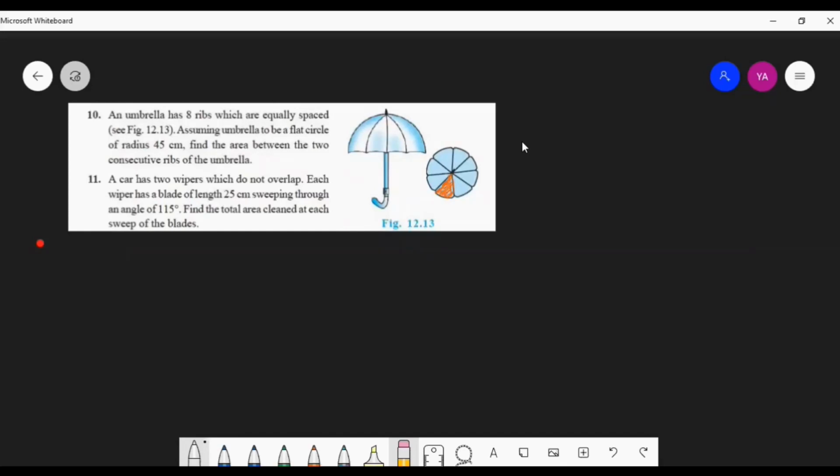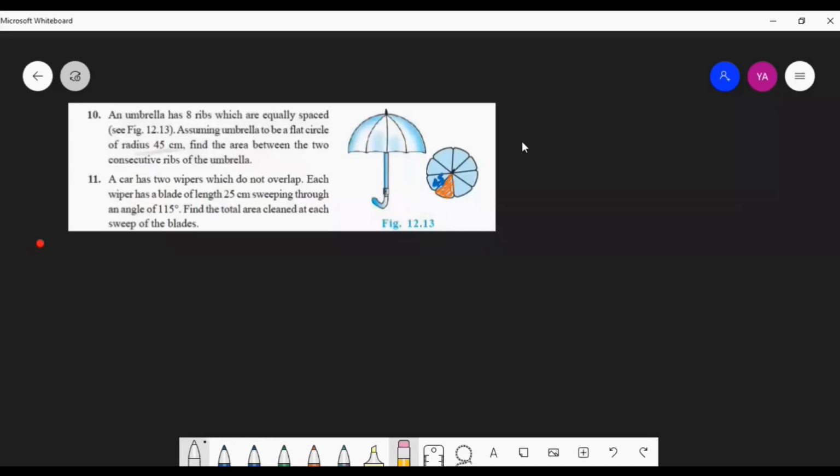Some students may have some confusion about how we got the angle 45. I'll explain. The radius is 45, that is directly given. But the angle, there are 8 ribs, so the circle is divided into 8 equal sectors. So the angle at the center will be divided into 8 equal angles.